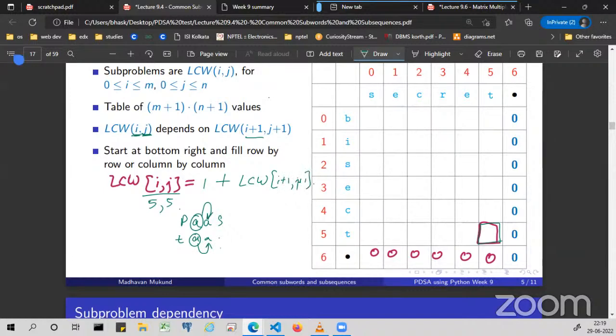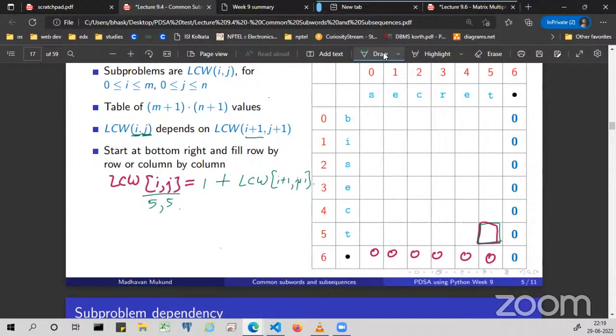So basically we are moving in the backward direction, from the bottom right corner up to the top left, bottom up. Why are we doing this? Because if there is something already in the bottom, then that will definitely be a part of the upper subproblem.